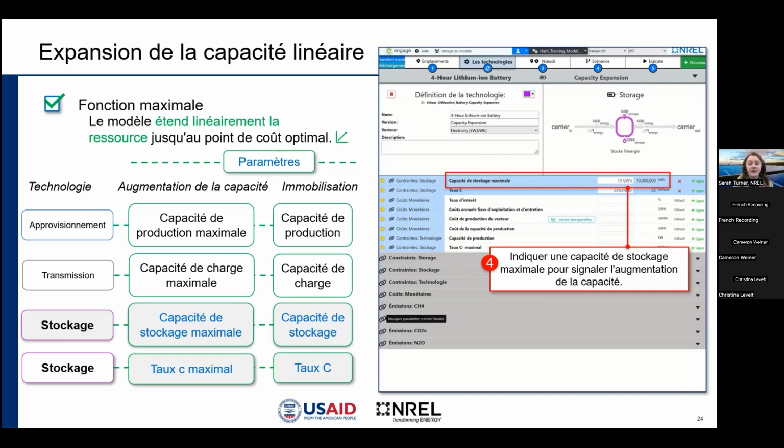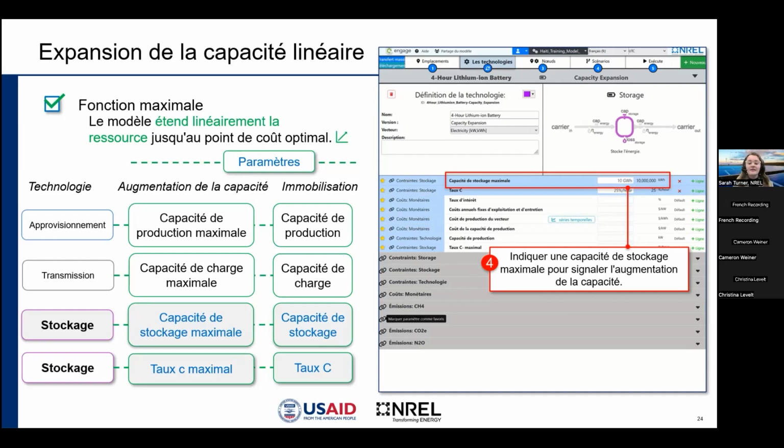Well, for our battery, the technology's primary function would be to store electricity. So, we would want to constrain the technology's maximum storage capacity parameter instead of its storage capacity parameter. This tells Engage that it not only has the choice to build the battery, but that it can also choose how much storage capacity to build, usually based on what's cost optimal.